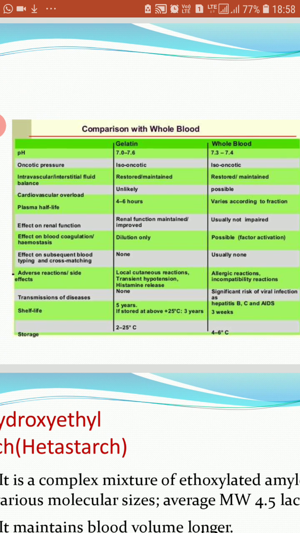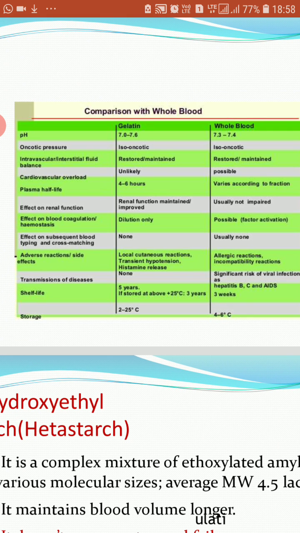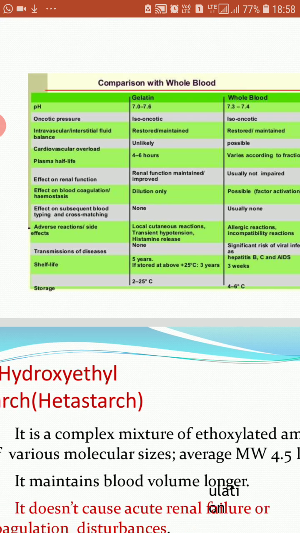Shelf life is 5 years, whereas in dextran it was 10 years. In albumin it was less than dextran. Whole blood shelf life is 3 weeks, around 21 days. And transmission of diseases, a significant risk like hepatitis B, C and AIDS through blood, but not with gelatin, like not with albumin.